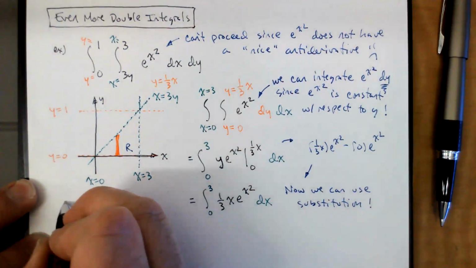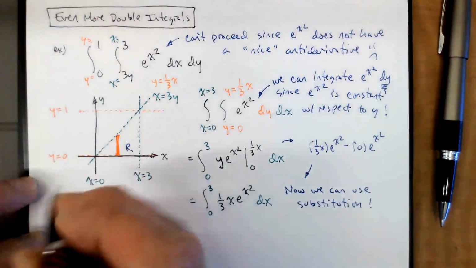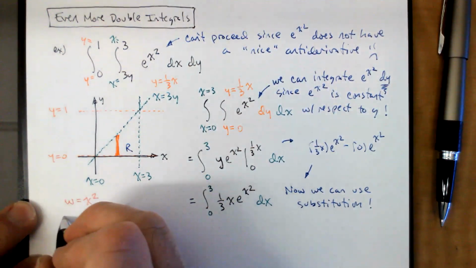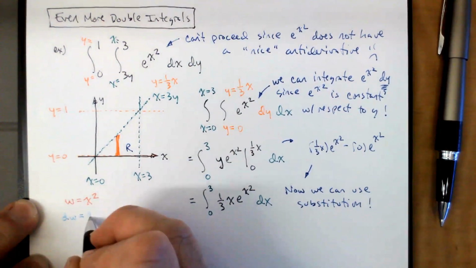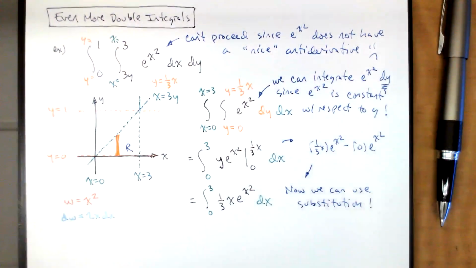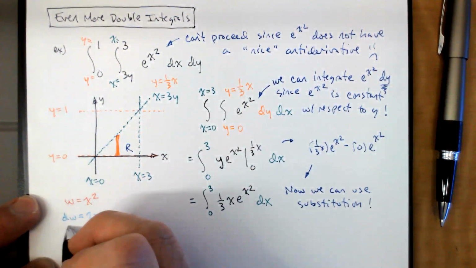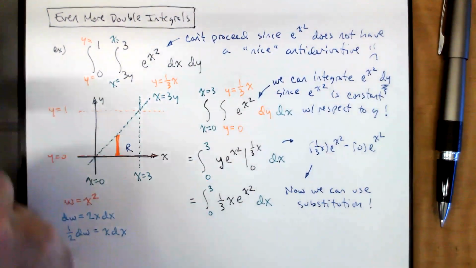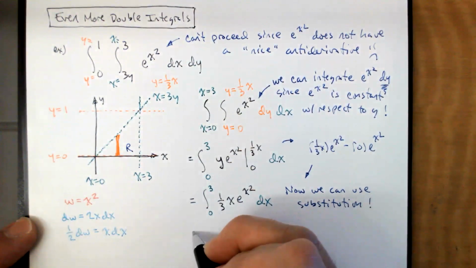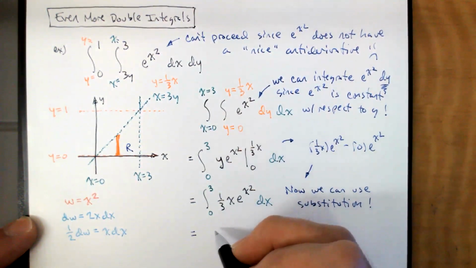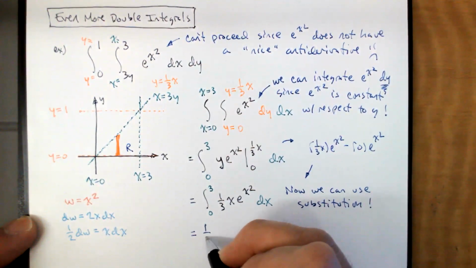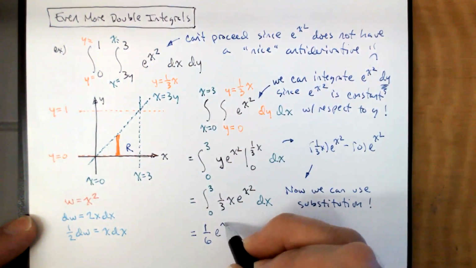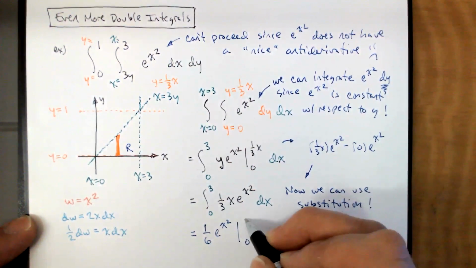So w will equal x squared. dw will be 2x dx. And so we'll have a 1/2 dw is x dx. So our integral will be 1/3 times 1/2, so a 1/6 e to the x squared evaluated from 0 to 3.